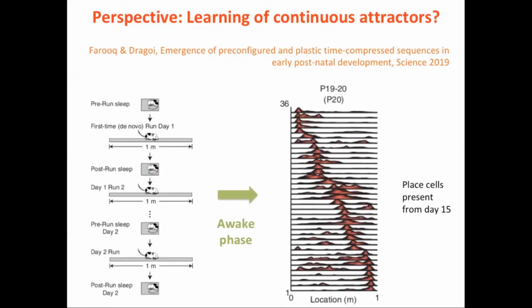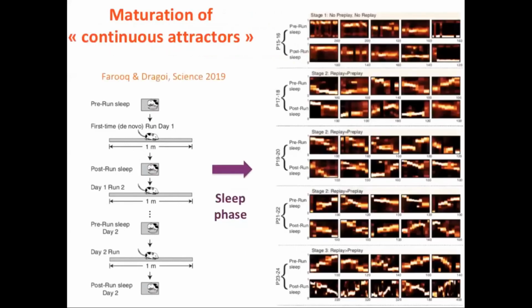This is what you see when you record the activity of these place cells during the awake period, when the animal is moving and running from one side to the other. But what is going on when the animal is sleeping? When the animal is sleeping, you can record the activity of the same cells and decode the virtual trajectory that the animal is playing during sleep.